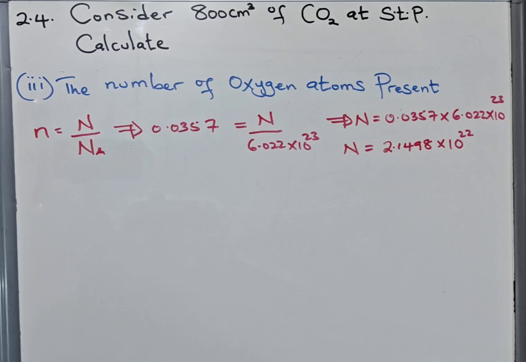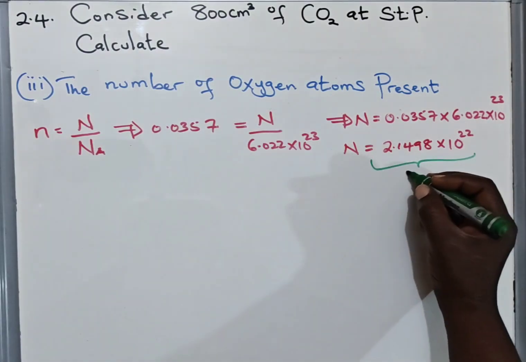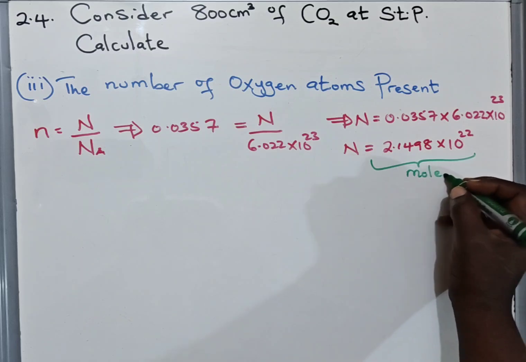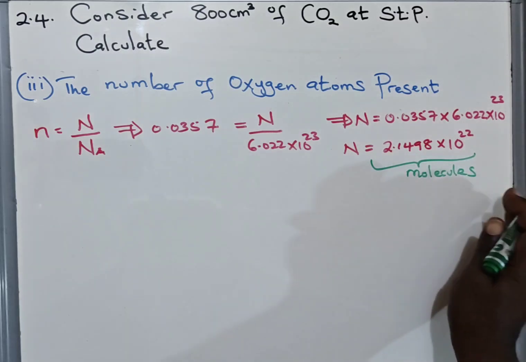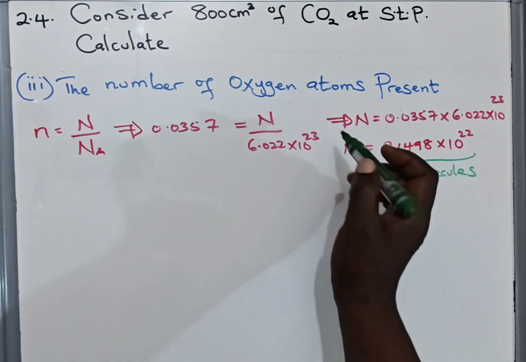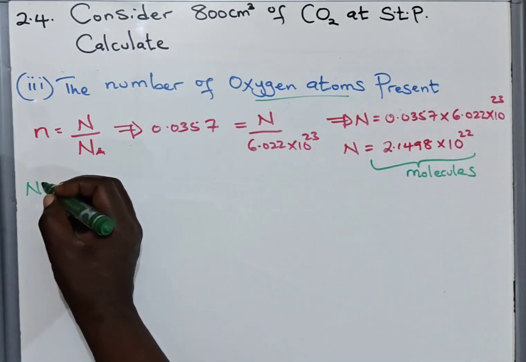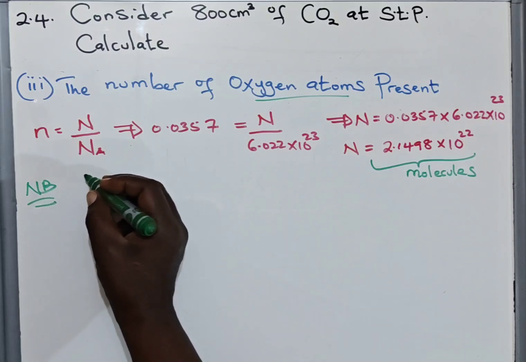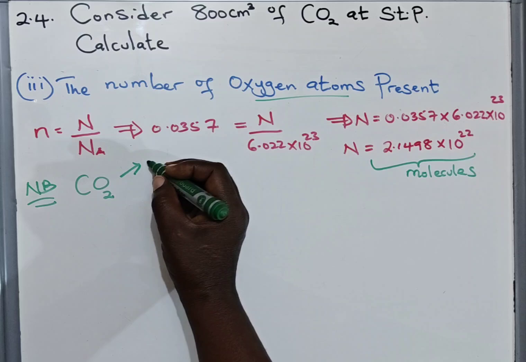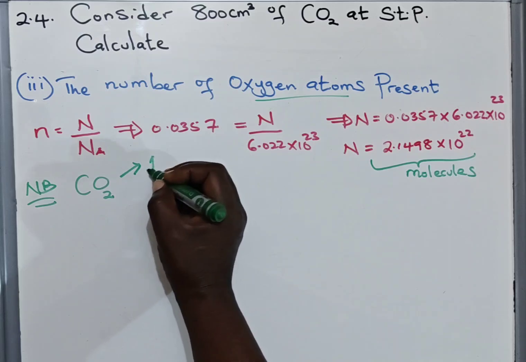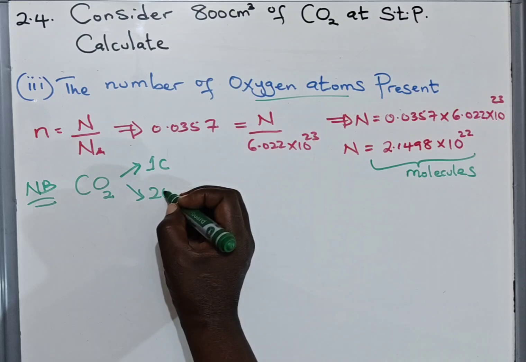And we must not forget that what we have here are carbon dioxide molecules. And the question wants the number of oxygen atoms. So what do you do? You need to remember this. You need to know that carbon dioxide, having this formula, implies that it gives us 1 carbon and 2 oxygen.